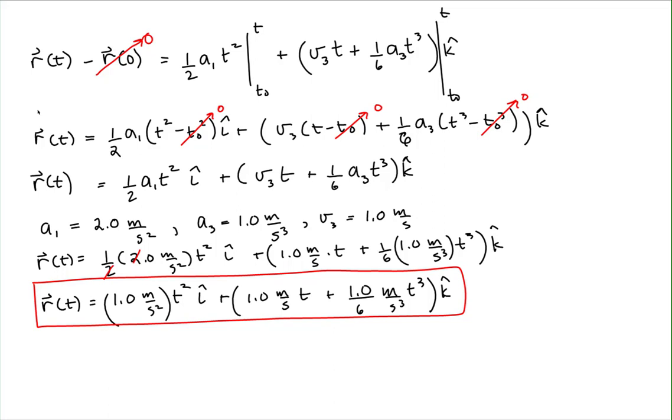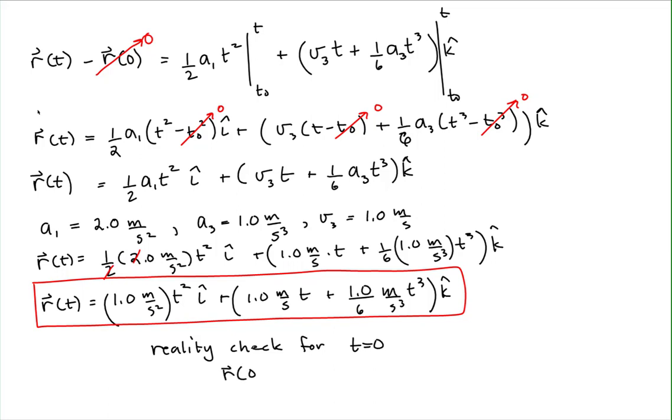Let's do a reality check. So the reality check is that we know where the object is at time t equals 0. So let's just plug that in. I'll just say reality check for t equals 0. This should end up being 0.